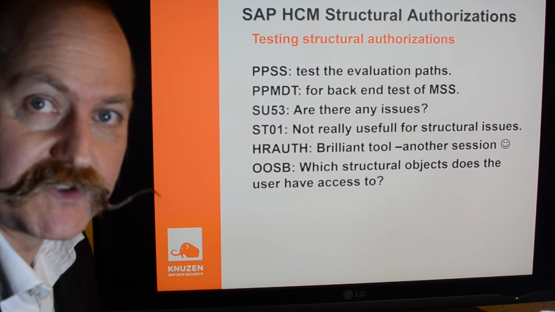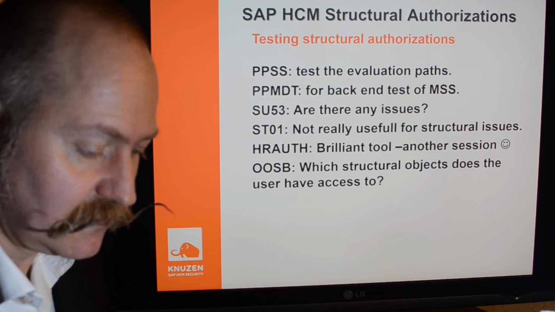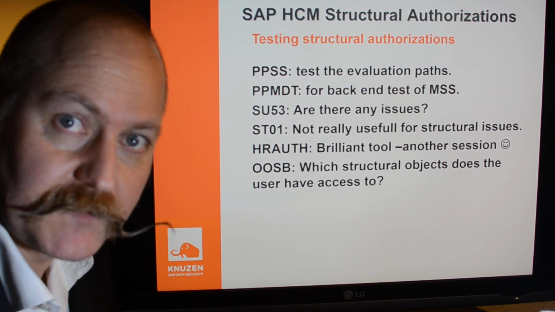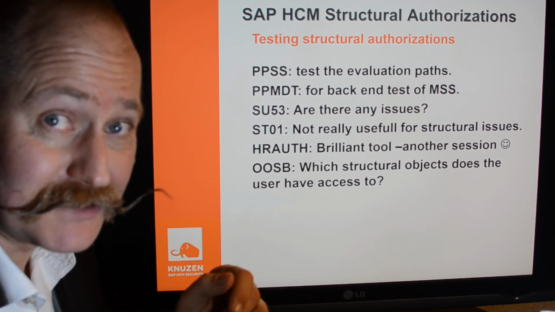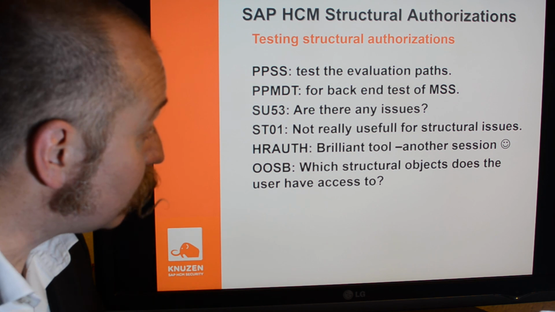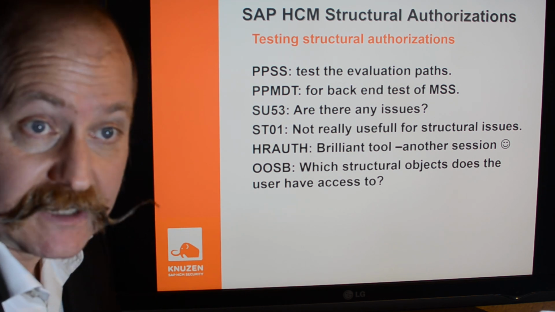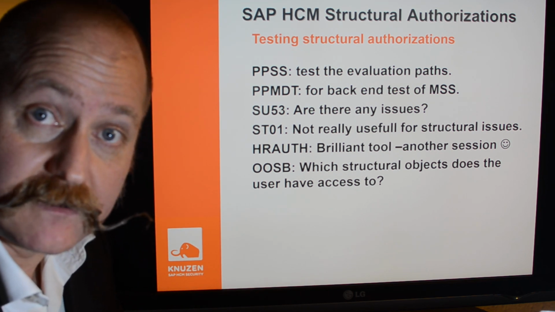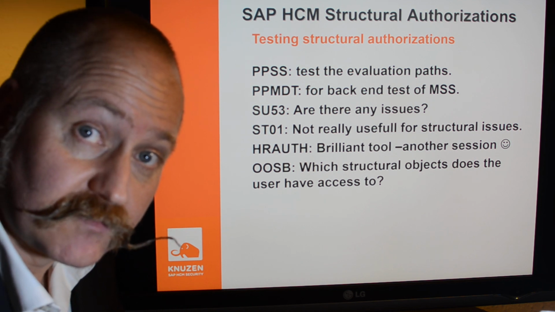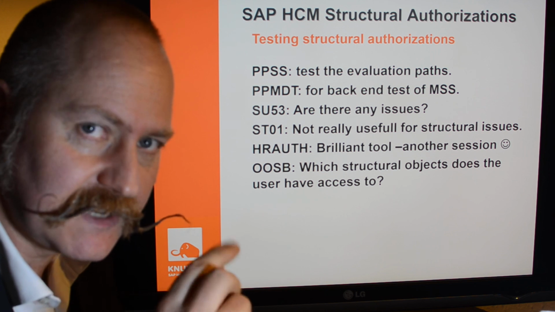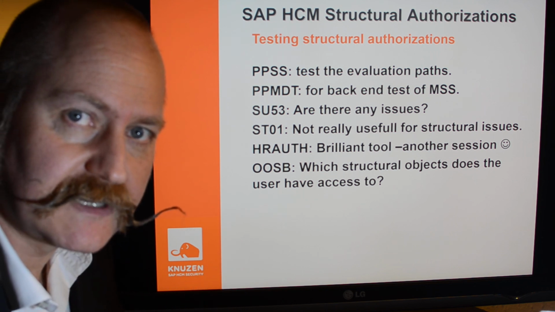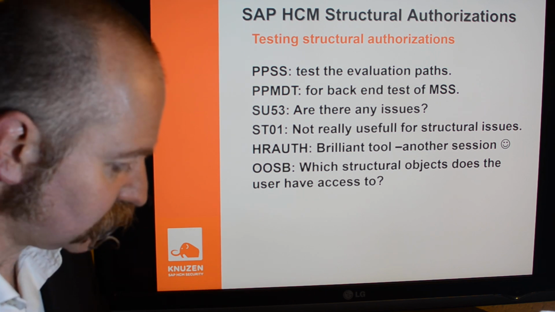It really shows you all kinds of issues and what is set up within HR authorizations. I will actually create another session for this one. Then we have OSB. In this one, you also have an option for seeing the structural profiles assigned to the users and seeing which objects are assigned. There's a small functionality inside this transaction you can use.